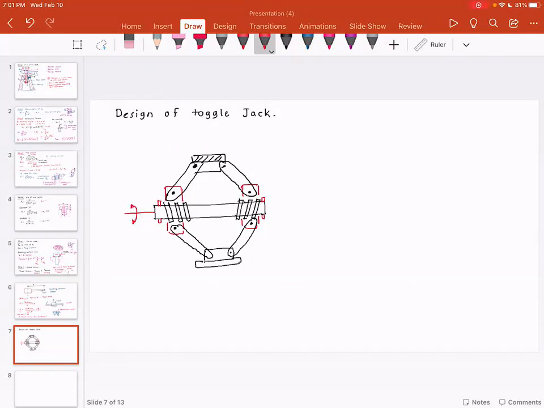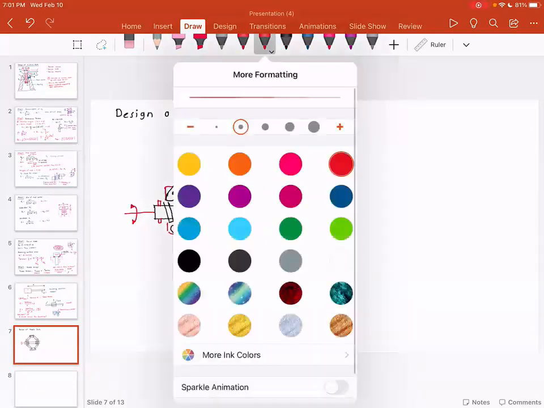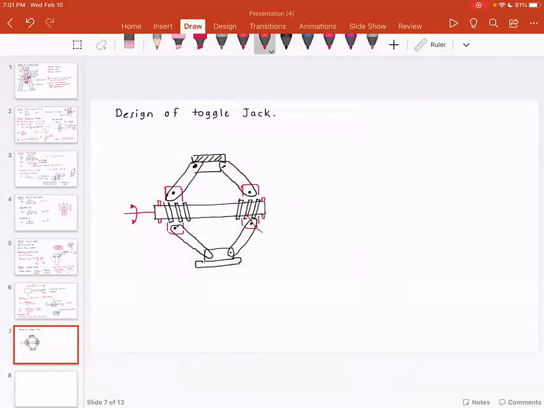So everybody understood the toggle jack design? So you have, say, left hand screws and right hand screws. Say this is the left hand thread, this is the right hand thread.